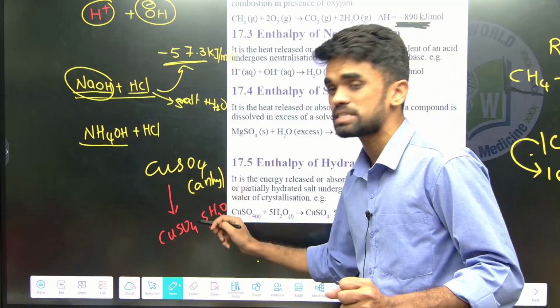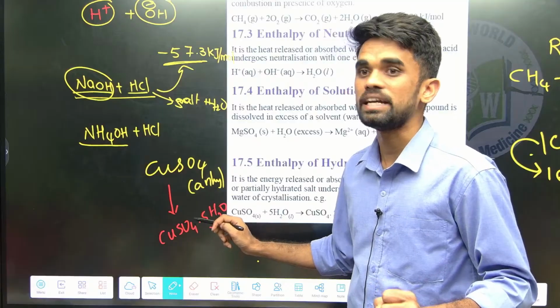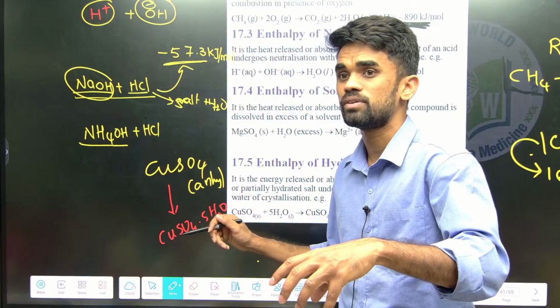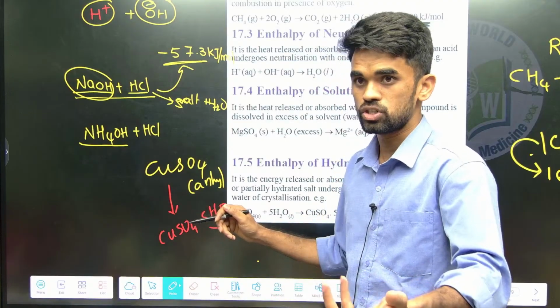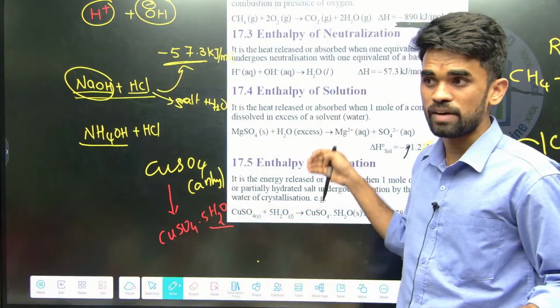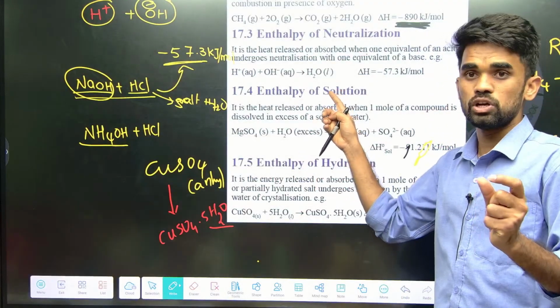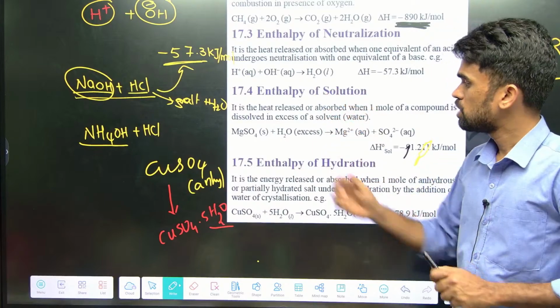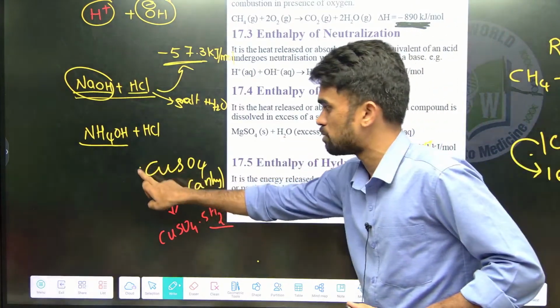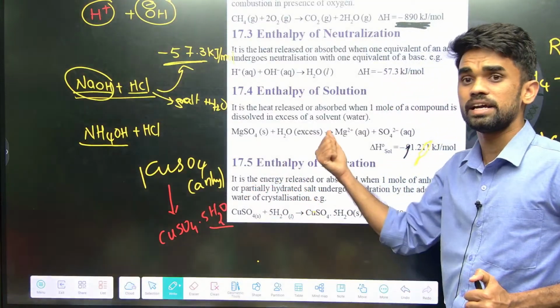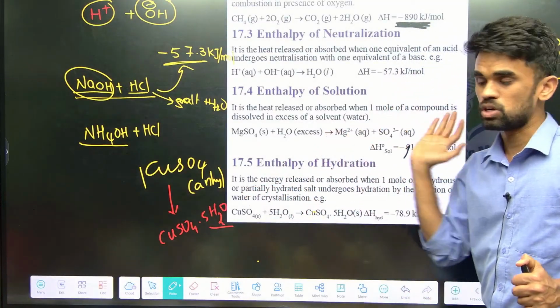So this process is called enthalpy of hydration. If I say excess amount of water, that is called enthalpy of solution. So you got the difference. Enthalpy of hydration means a limited, quantified amount. Solution means excess. During that process, for every 1 mole, how much energy is released? That is called enthalpy of hydration. Here it is enthalpy of solution. Okay, that's it.